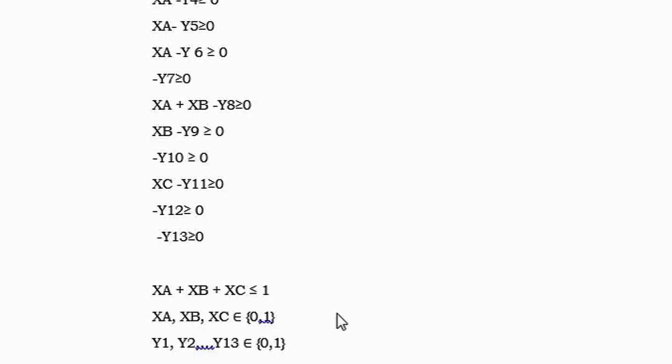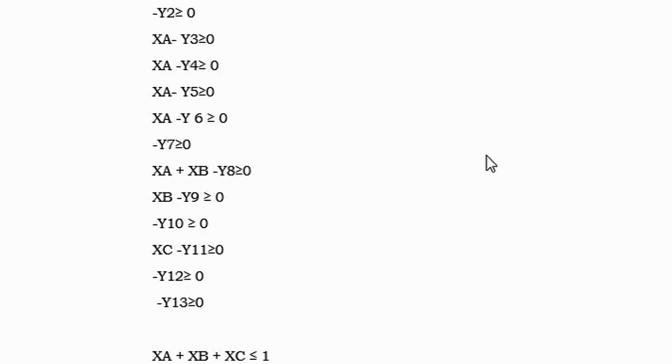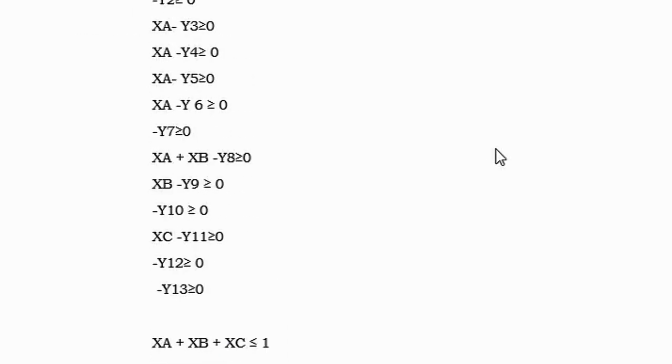This is a model that can be transformed. This is our final formulation of our first example.